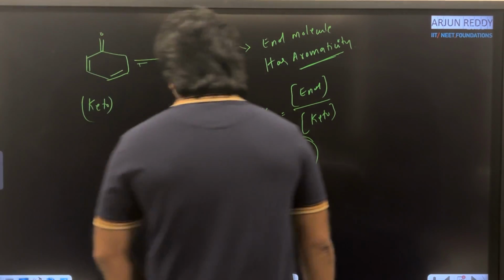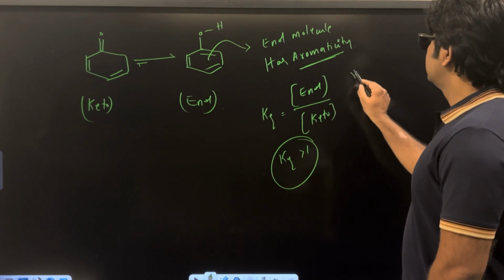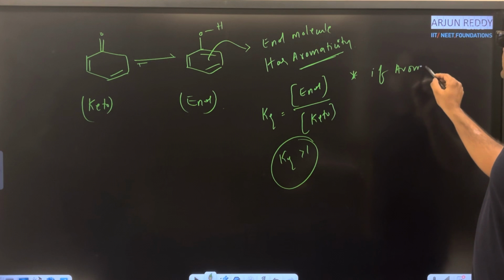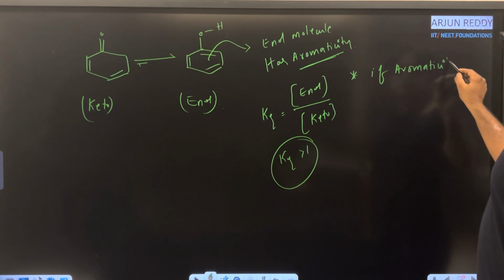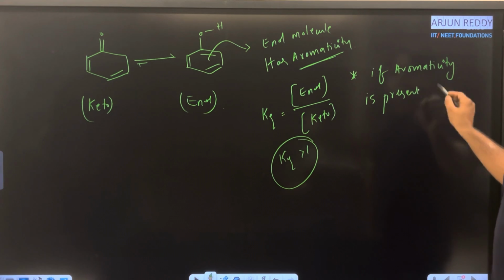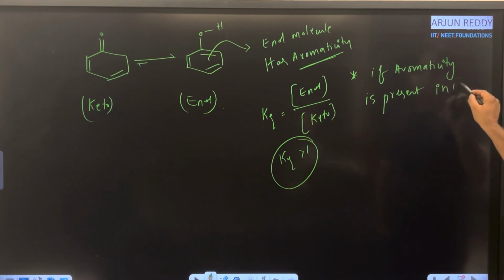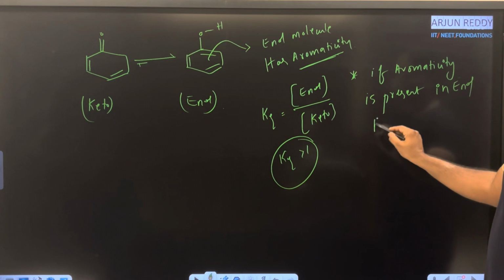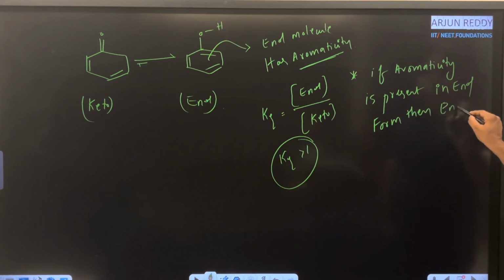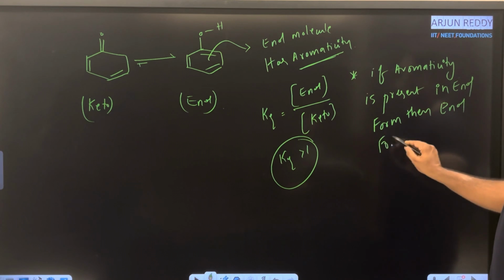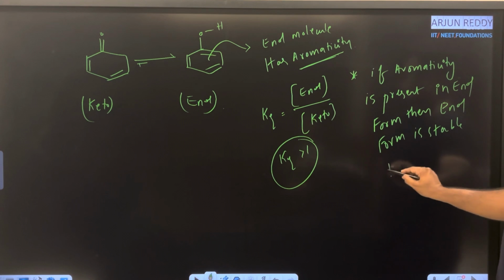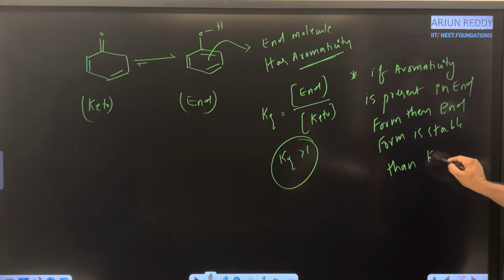So now here we can write one point: if aromaticity is present in the enol form, then the enol form is more stable than the keto form.